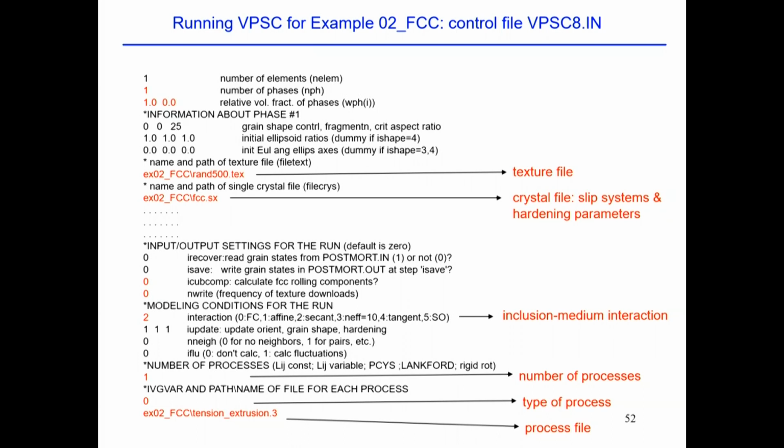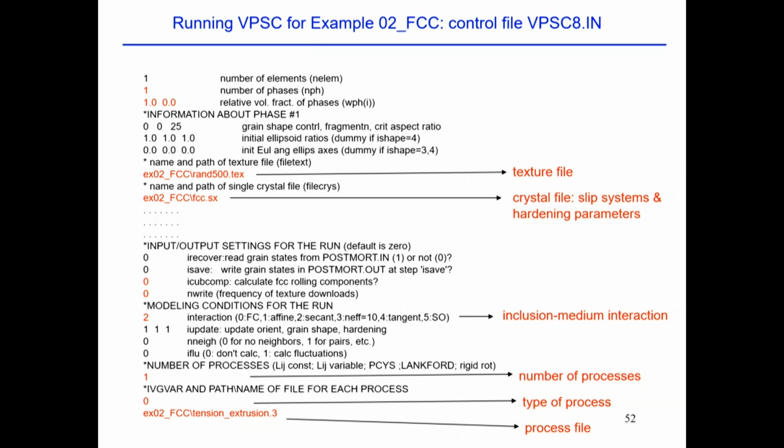It can be a combination of FCC and BCC, or FCC and HCP. You declare the number of phases that you're going to run and the volume fraction of those phases. In this case, we're going to run only one phase and the volume fraction is 1.